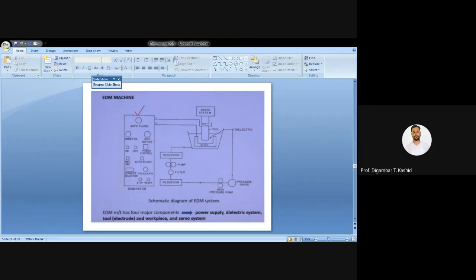Once the applied potential is more than the breakdown voltage, at that time the spark will occur.